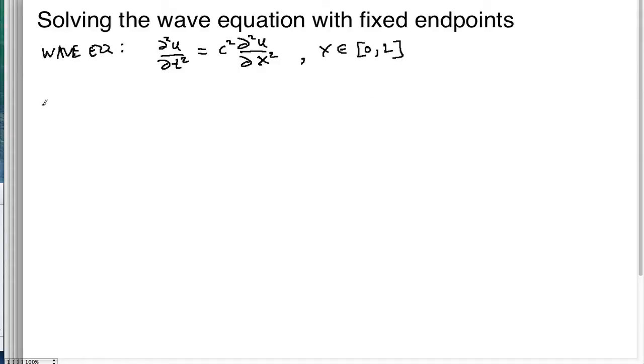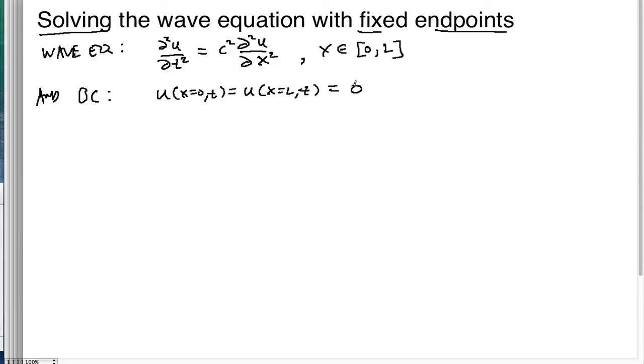And then, of course, the ingredients to a problem which will elicit a solution: we also need boundary conditions. In this case, we're going to be talking about fixed endpoints. So we're going to set u of x equals 0, comma t, equal to u at x equals L, comma t, equal to 0.